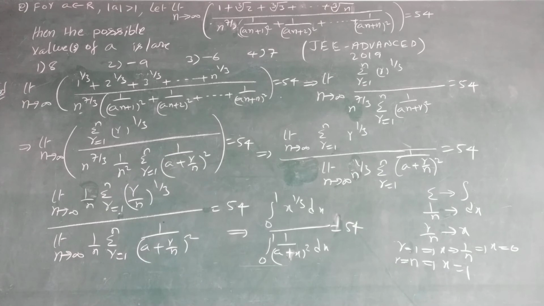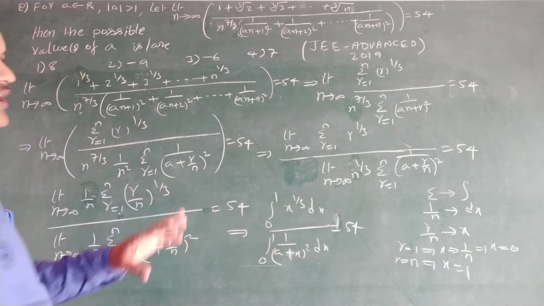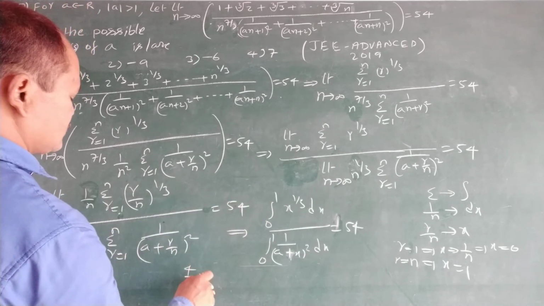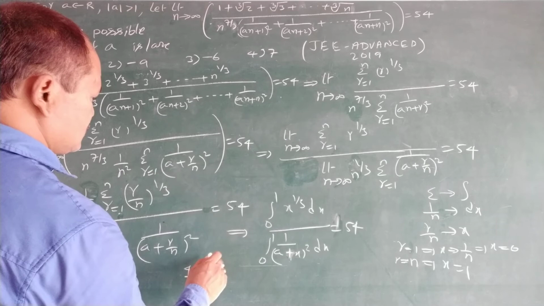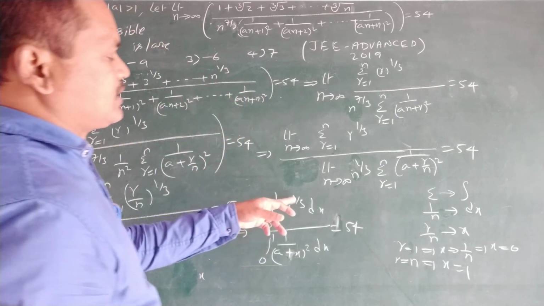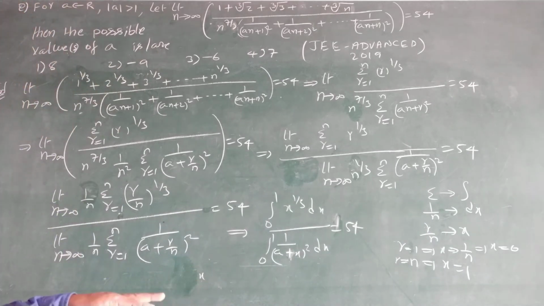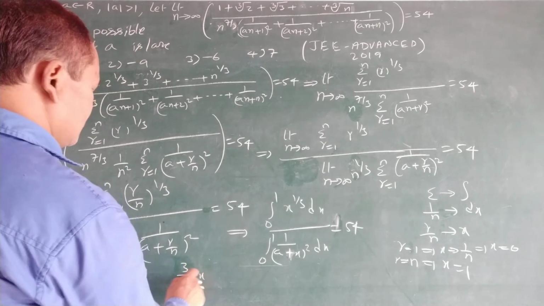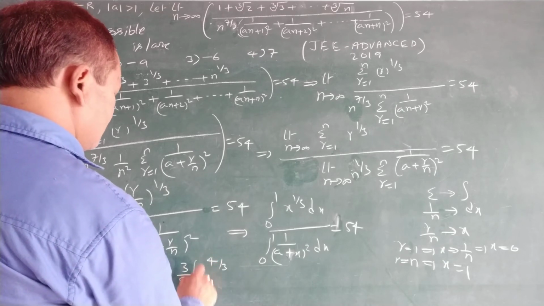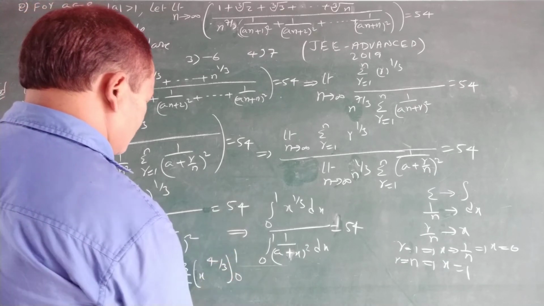The integration of x^n is x^(n+1)/(n+1), and since 1/3 + 1 is 4/3, it is 3/4 x^(4/3) between the limits 0 to 1.